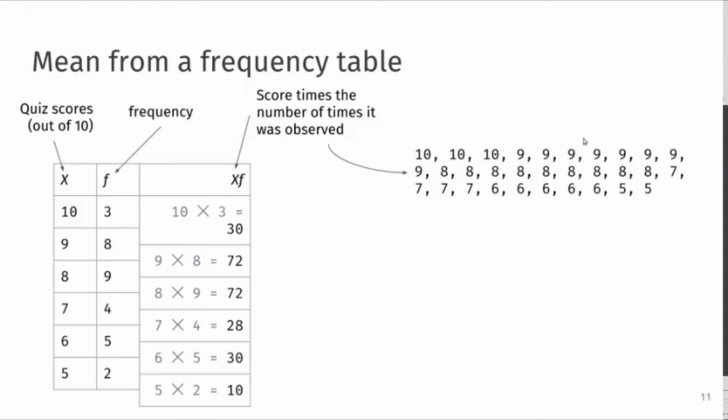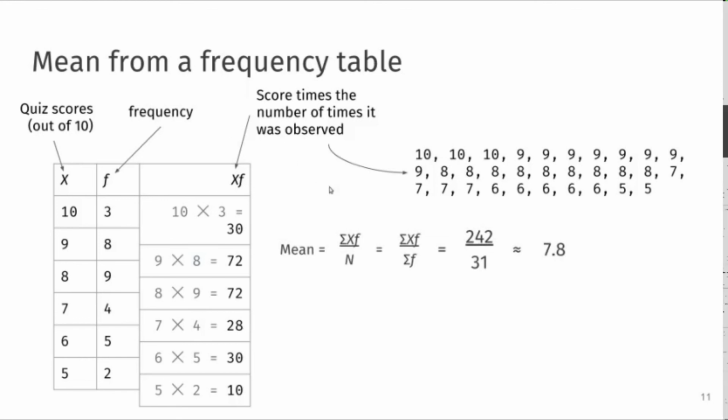So 1, 2, 3, 4, 5, 6, 7, 8, and so forth for all of the numbers. So what we're doing is basically a mathematical shorthand for writing out the complete set of data based on this frequency table. And at that point, the mean is once again just kind of mechanical.